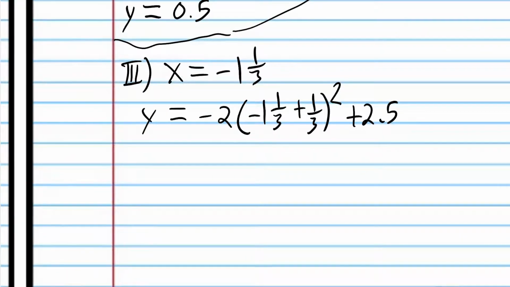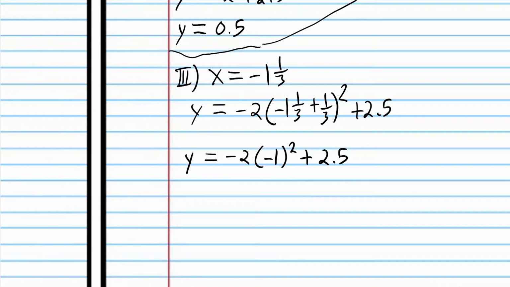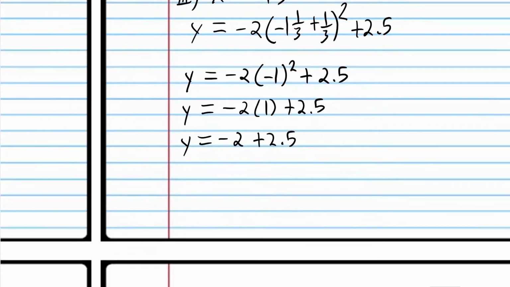And the reason I chose this -1 and 1/3 is because if we add these together, we just get -1. That's really easy to work with, that -1 there. -1 squared is equal to 1. And we have -2 plus 2.5. And finally, y is equal to 0.5.